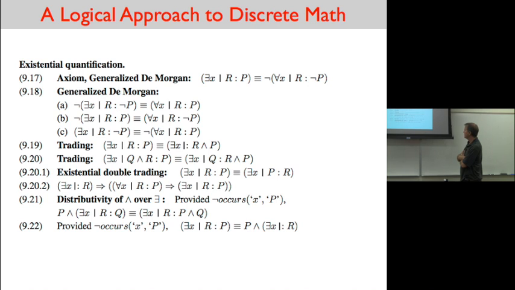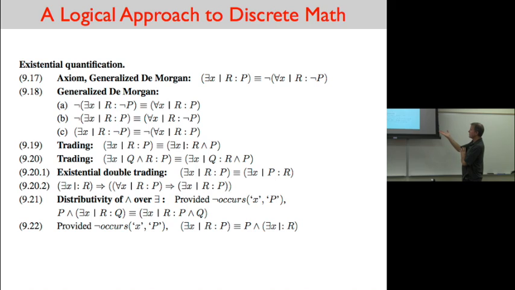Well, it should be not P or for all x range true, not R. No, there's a not in front of the for all x because of 9.17. Well, it's not a matter of if you want to put that in. You have to do what it says to do.